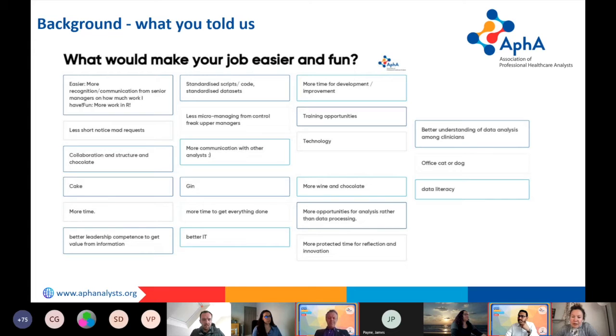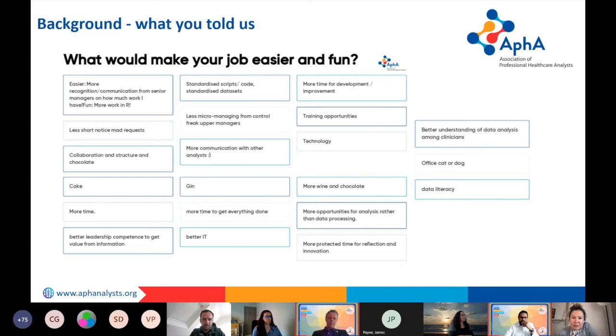We did a joint presentation setting out and crowdsourcing ideas for developing analytics as a profession and strengthening the offer to analysts working in the system, and ended it, as we are today, with a Menti session where we asked a few questions around what would make your job easier and more fun, what things we should prioritise and what we've missed.